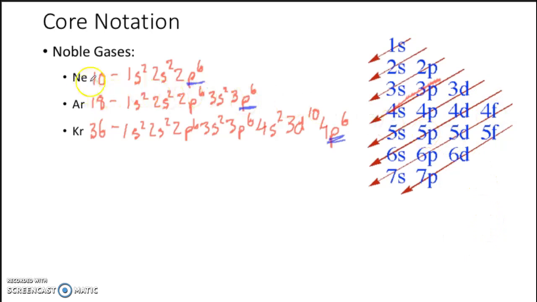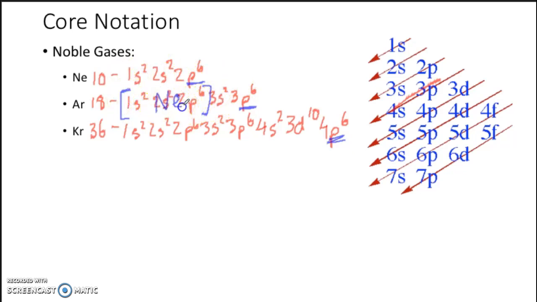And you will notice that neon is the second noble gas down, and argon is the third noble gas down, and krypton is the fourth noble gas down.